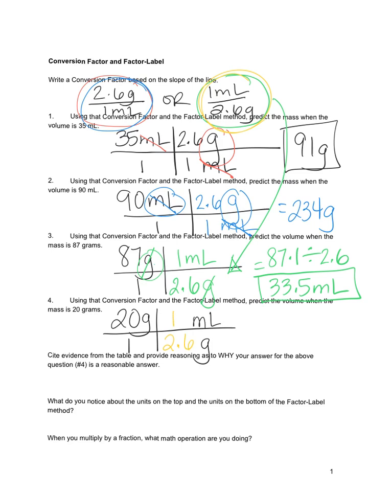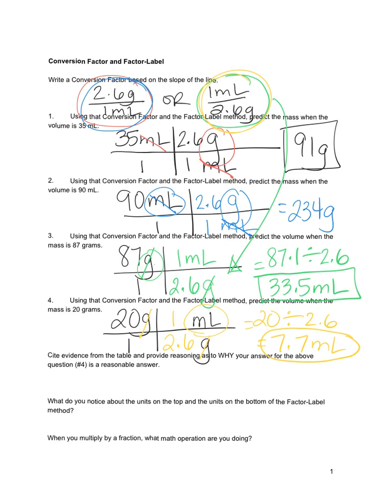Grams on top cancels with grams on the bottom. The unit I'm left with is milliliters. In my calculator, 20 times 1, so I don't have to do that, and then I divide by 2.6. I divide by everything on the bottom, and I get about 7.7 milliliters as my answer. So that's how I solve this using conversion factors.